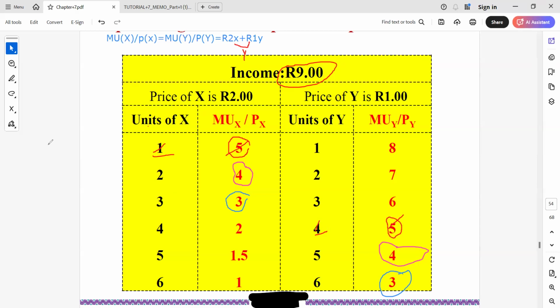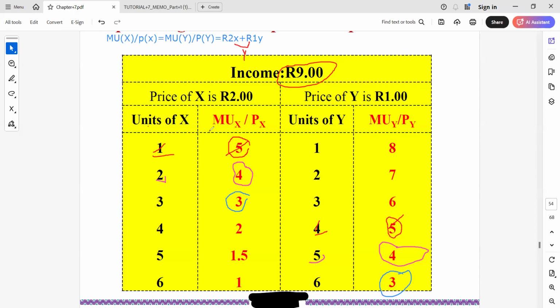For the second combination, we found the marginal utility per rand for good X is 4, and for good Y is 4. The first condition is met, since they are equal. This person can consume 4 units of good X and 5 units of good Y. Let's see if it is also equal to your income.